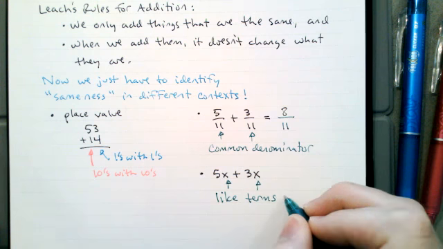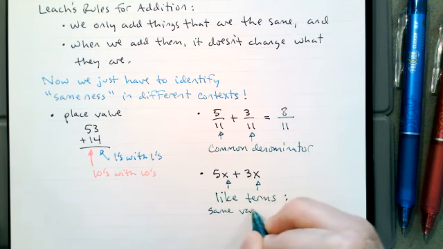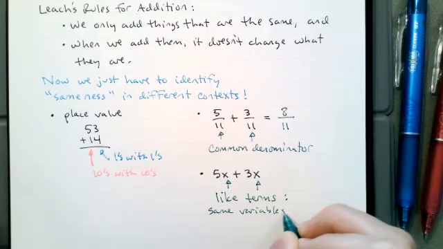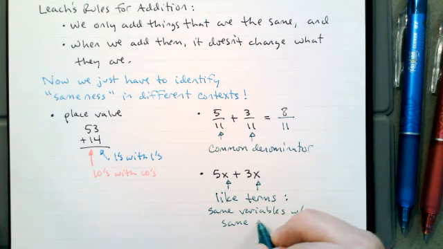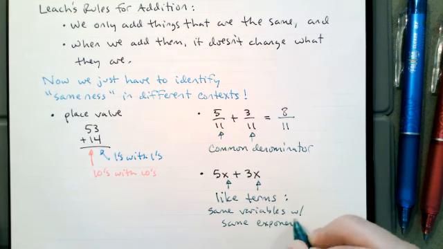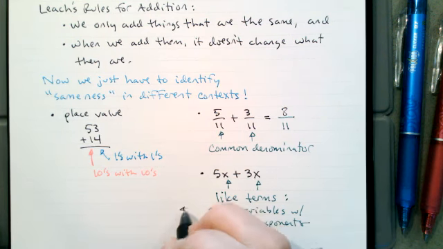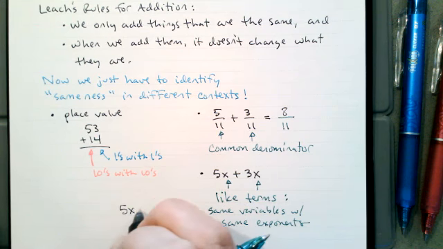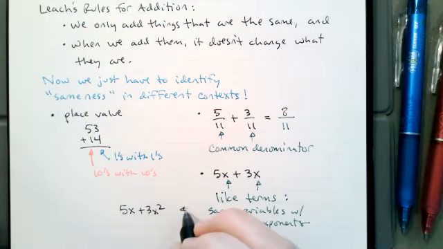So like terms means the same variables with the same exponents. What that means is that 5x and 3x squared are not like terms.